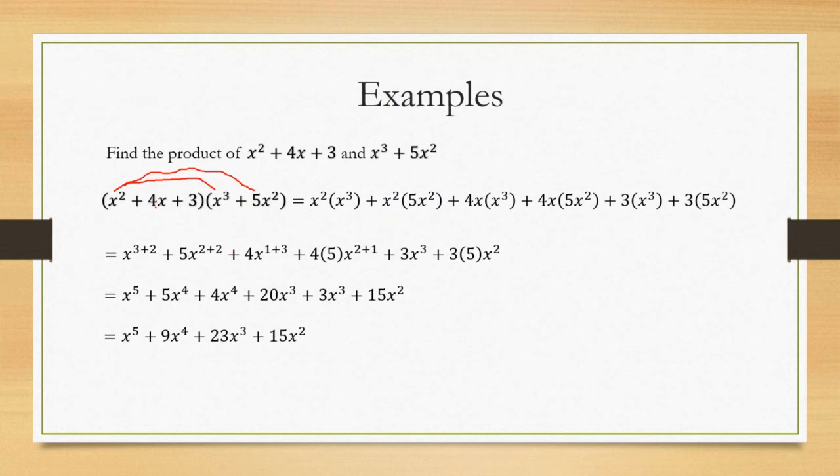We have 4x times x cubed, as you can see here. Then we have 4x times 5x squared, right? You see that also?